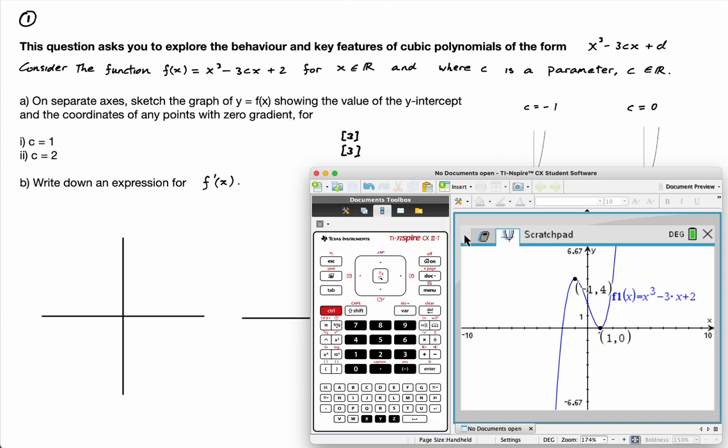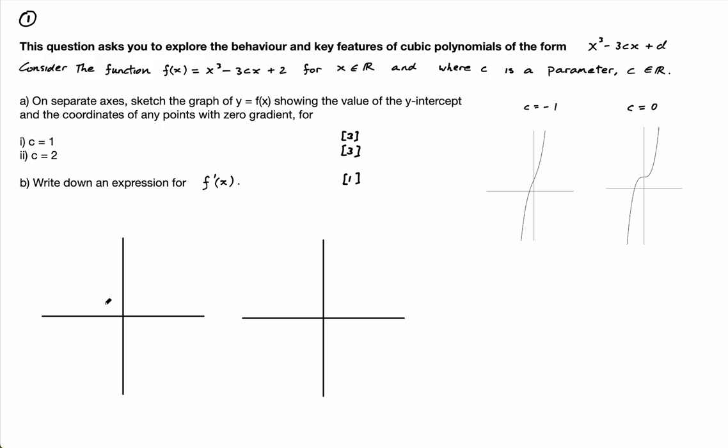So I'm going to graph this like this. So -1, 4, let's say that's here, and 1, 0, let's say that's here. So that's -1, 4.